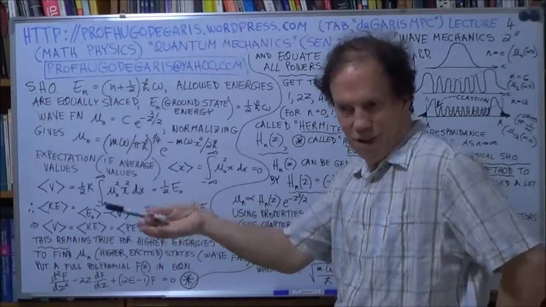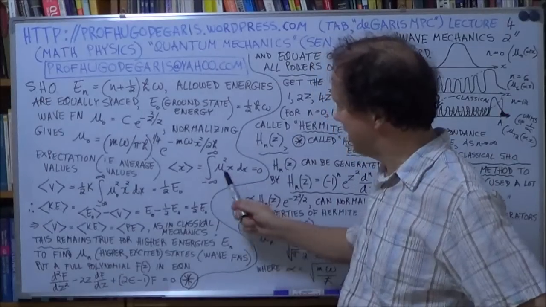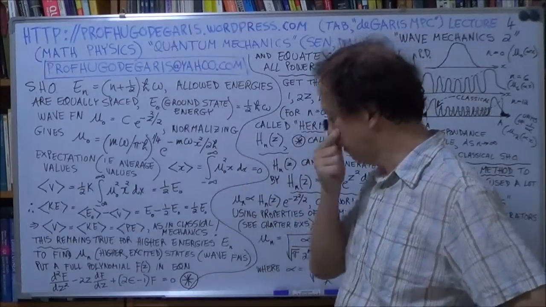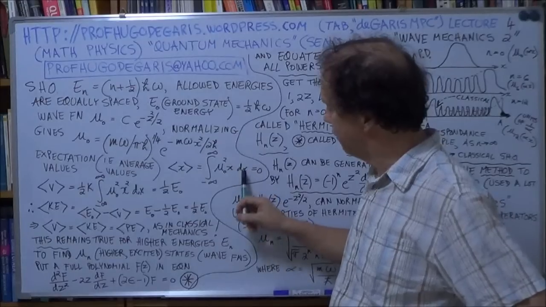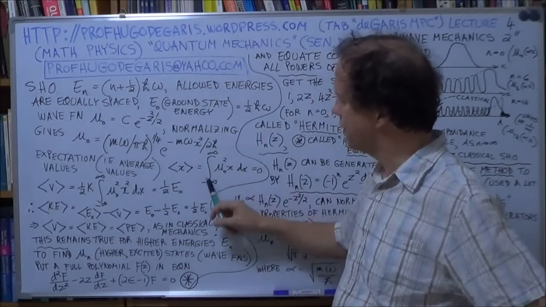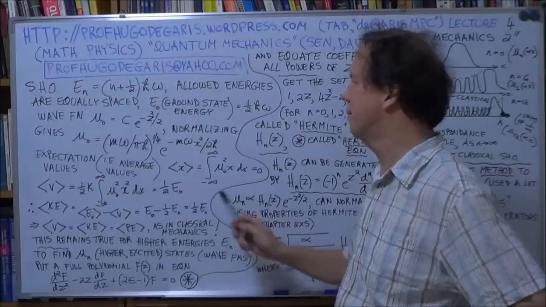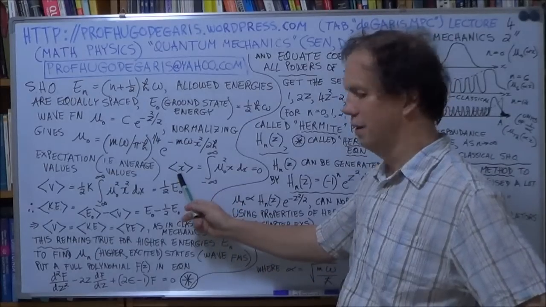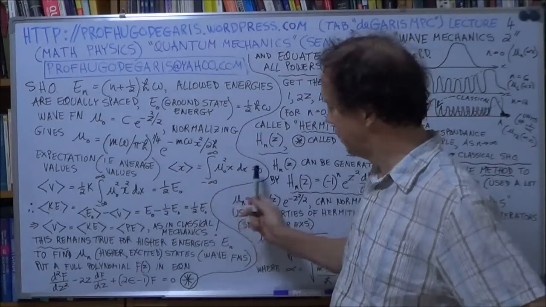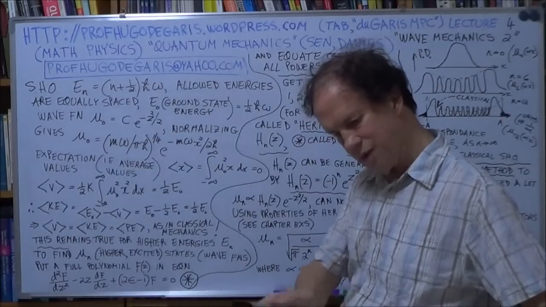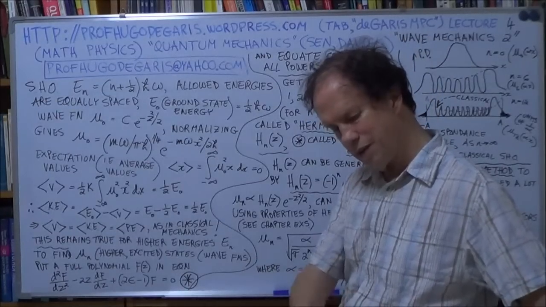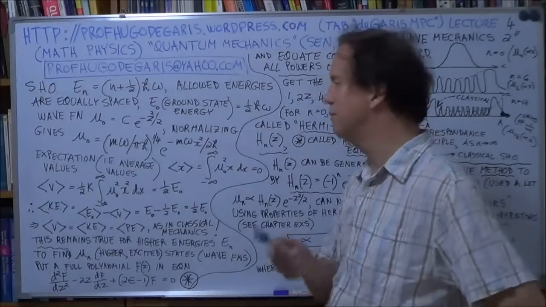Minus x is just minus x. So the product of an even function times an odd function gives you an odd function. And if you integrate that over plus or minus the same limits, you get 0. So that mathematically confirms your common sense feeling that it should be 0, because the particle's as much on the left hand side as the right.